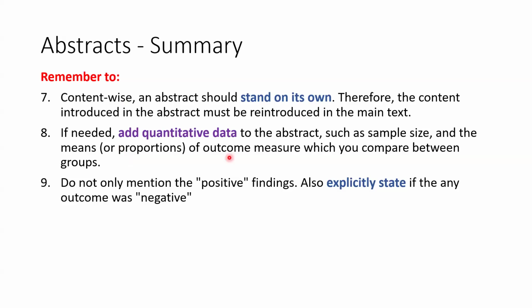If needed, add quantitative data and graphical data as much as possible in the graphical abstract so that it will be complementary, right? Number 9, do not only mention the positive findings. Always try to explicitly state if there are any things that are negative. That is all about the research outcomes.